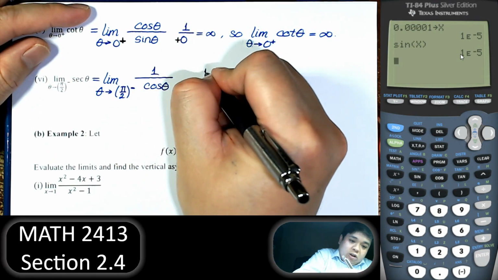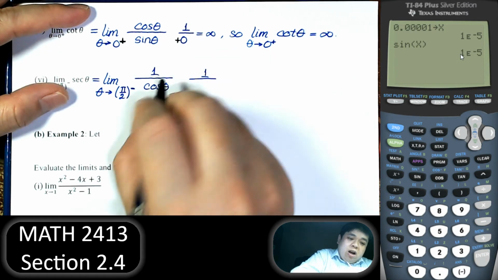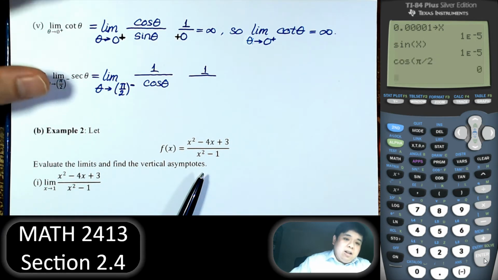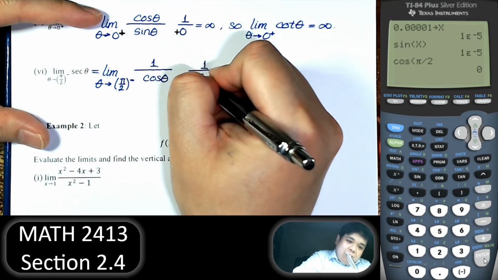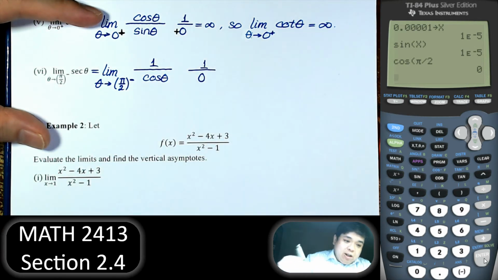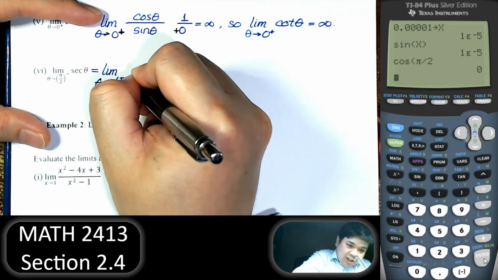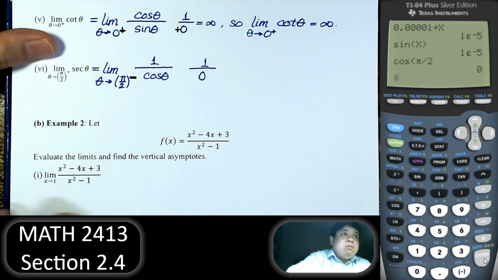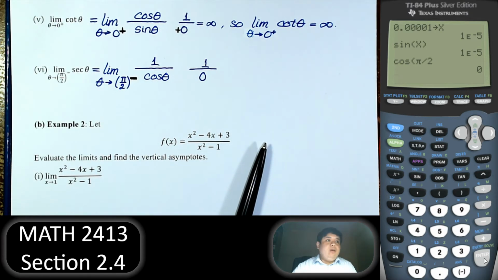So we have 1 on the top, that's easy. Cosine of pi over 2, that is 0. Now, we need to know what happened if it goes from the left side of pi over 2. So what number do we choose for the left side of pi over 2? So we start with pi over 2.